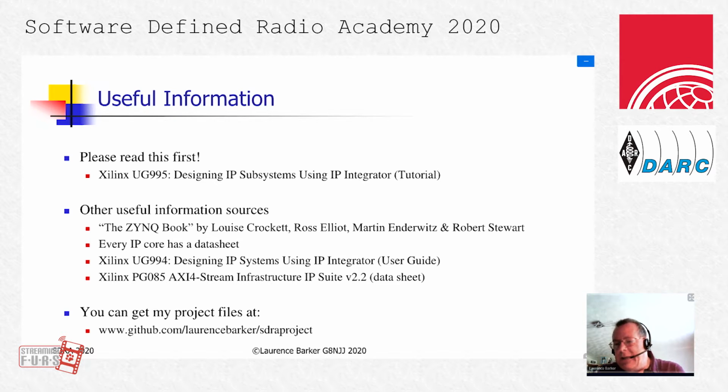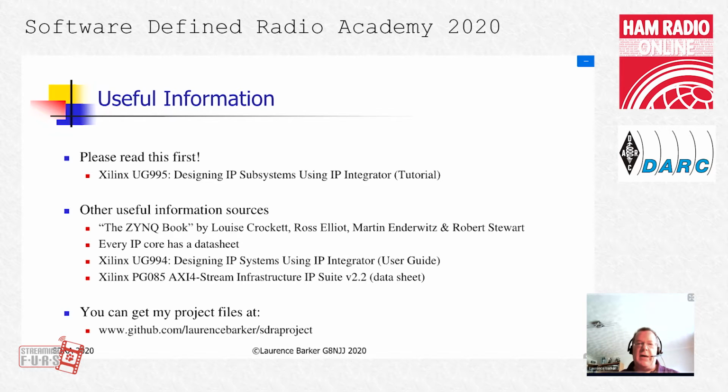Before we start looking at the FPGA, and before you start using any of the tools, you really ought to look at some information from elsewhere. The Xilinx User Guide 995 is a really good tutorial of how to use the IP Integrator, and it will go through some examples. It would be a really good idea to read that. It's not particularly long.